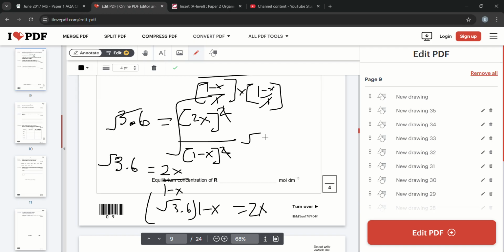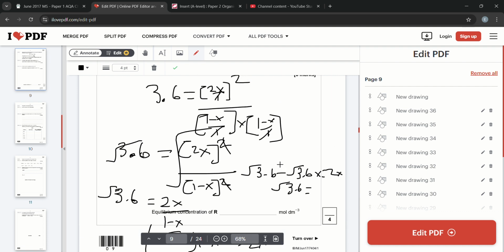Therefore we get root 3.6 minus root 3.6 X equals 2X. Root 3.6 equals 2 plus root 3.6, which is about 3.897, X. X is going to be root 3.6 divided by that answer.